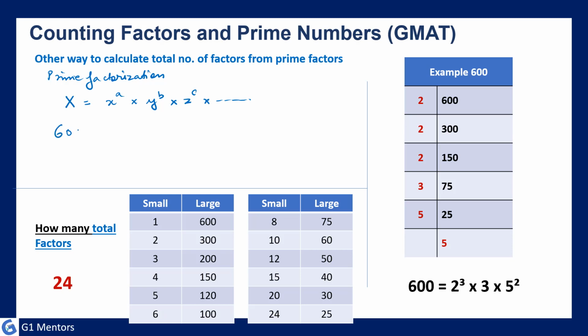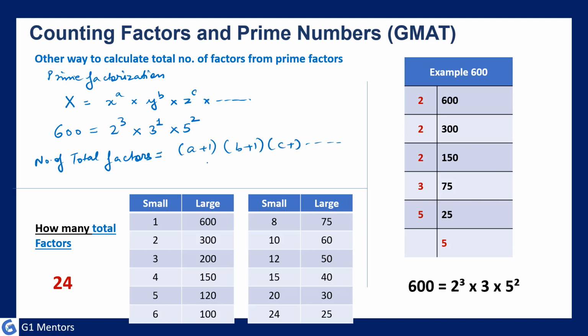For example, 600 is equal to 2 raised to power 3 into 3 raised to power 1 into 5 raised to power 2. The number of total factors of any given number is nothing but (a plus 1) into (b plus 1) into (c plus 1) and so on.